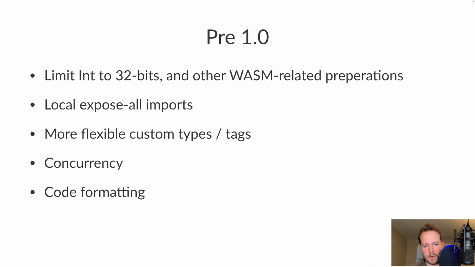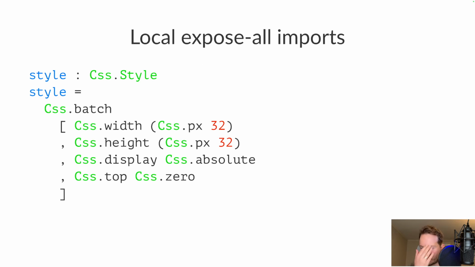So let's take a closer look at the local expose all syntax. This is the problem that we're trying to solve. There's a tool in Elm called Elm CSS, which essentially is an API for defining CSS styles for Elm applications.